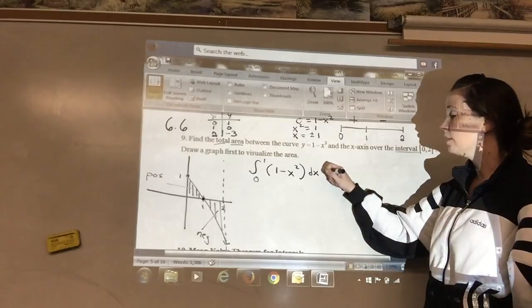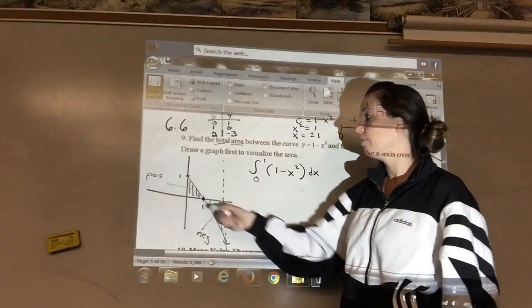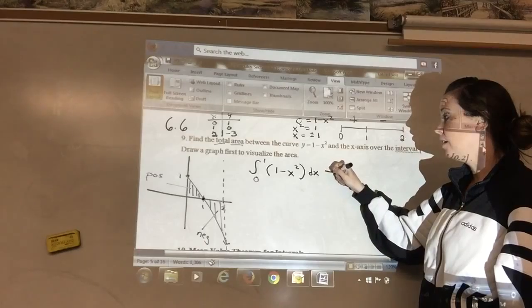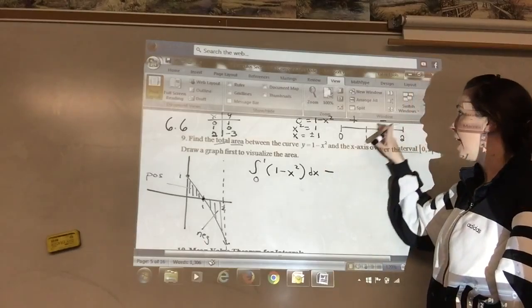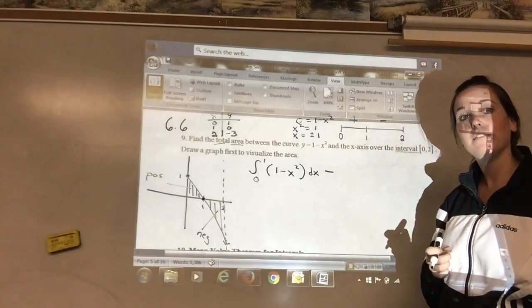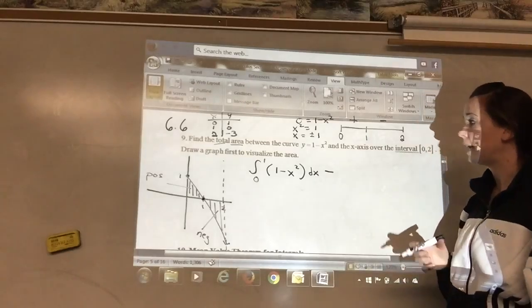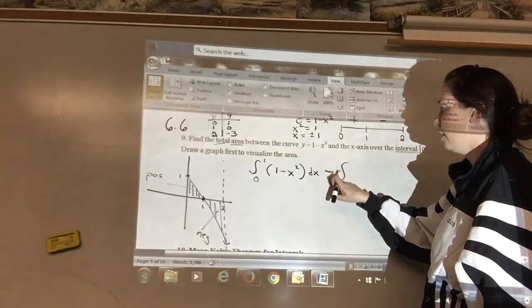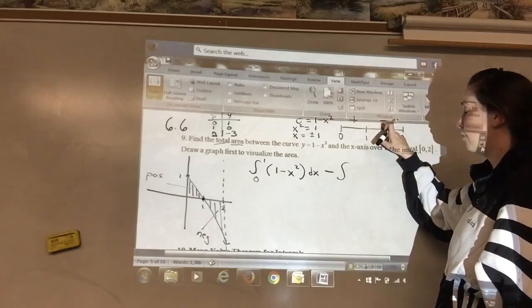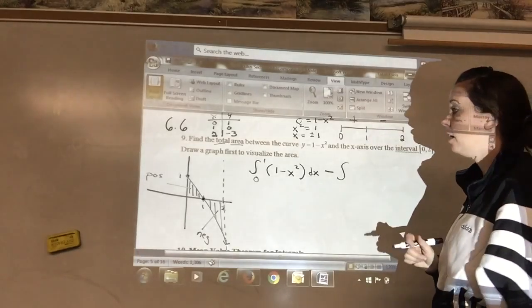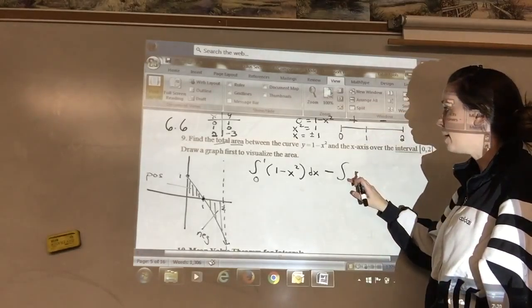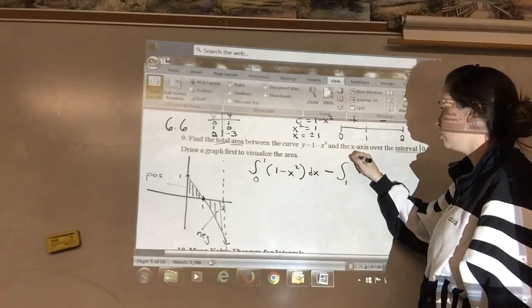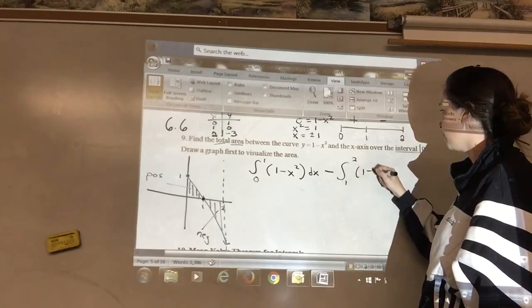So instead of adding these together, can I put a negative here so that this negative and that negative turn to be a positive? Okay, that's how I would like you to handle this. So I'm going to put this here to turn the negative positive. And my lower bound to upper bound would just be 1 to 2, and then I put my function.